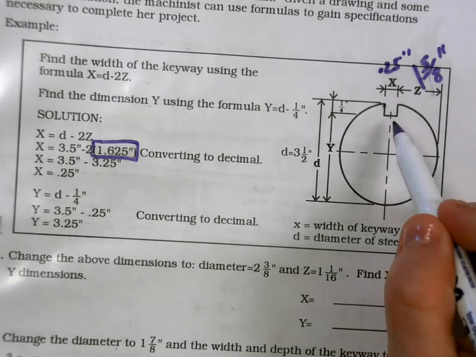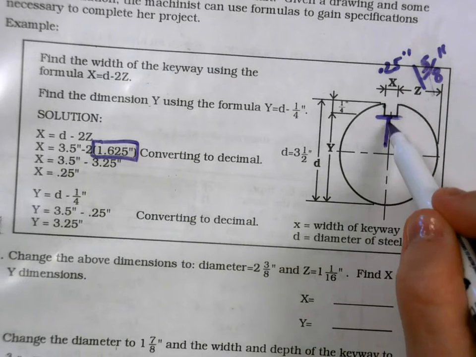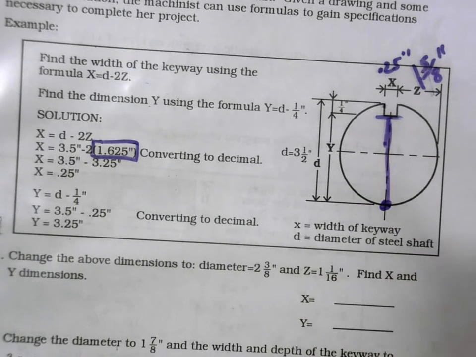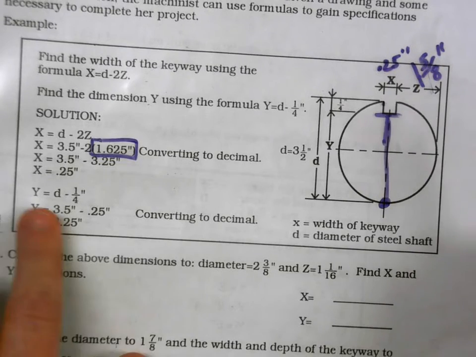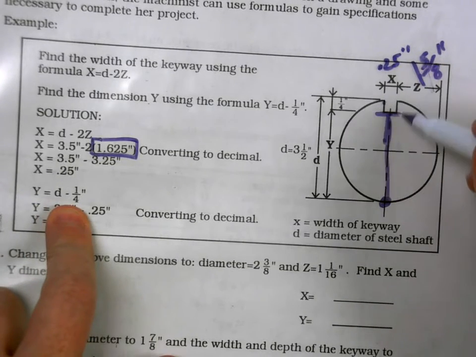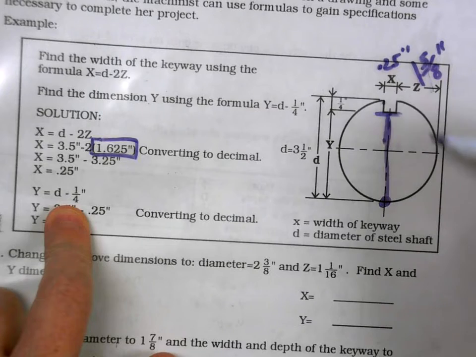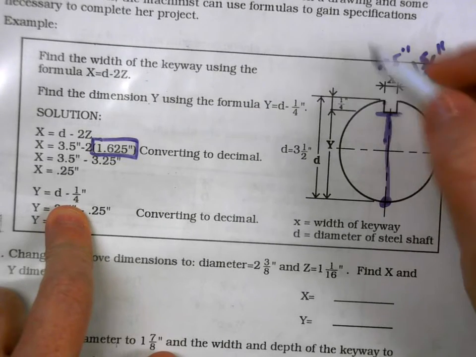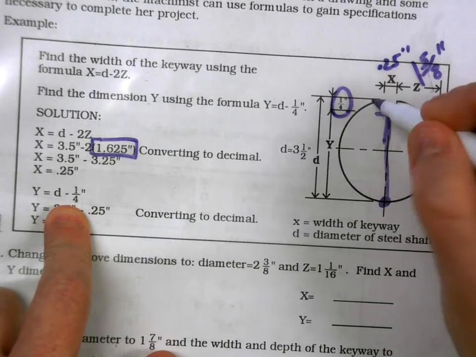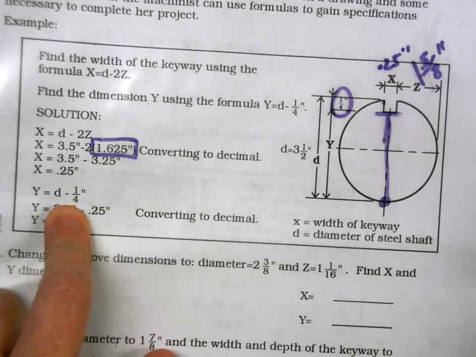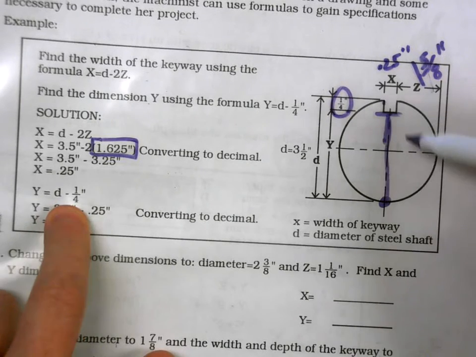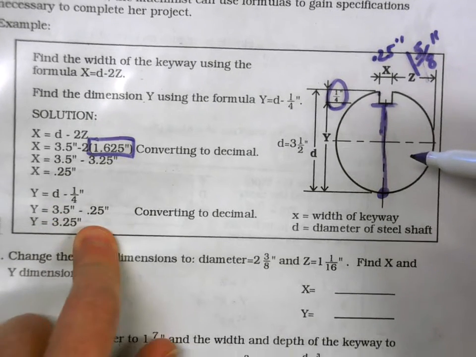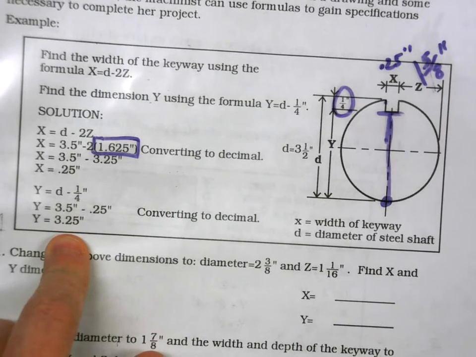Now the measure of Y is taking the width of X away from the diameter. So the measure of Y is D minus 1/4. The 1/4 is how tall that little notch is. So the diameter, which is 3.5, minus 0.25 gives us 3.25 inches.